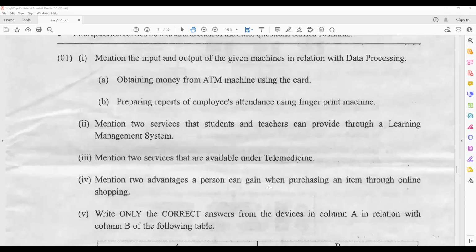Right, now I will share the tool to give you answers. Here is the tool.